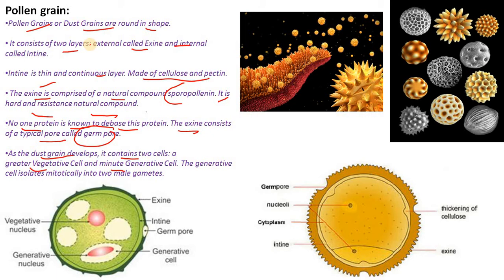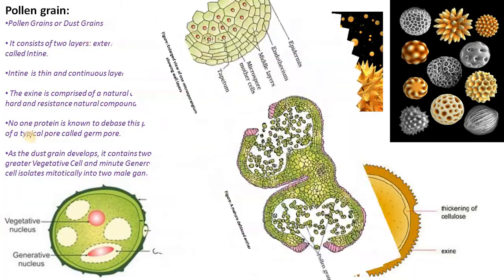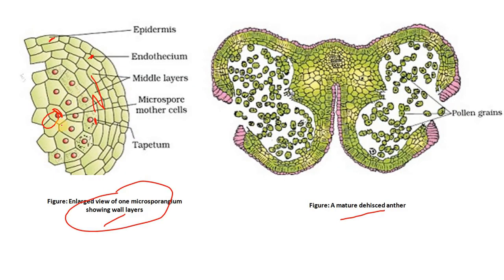Each primary sporogenous cell divides to produce microsporocytes. Each microspore mother cell divides meiotically to form pollen grains. As you can see, this is the mother cell, and each microspore mother cell divides meiotically to form pollen grains.